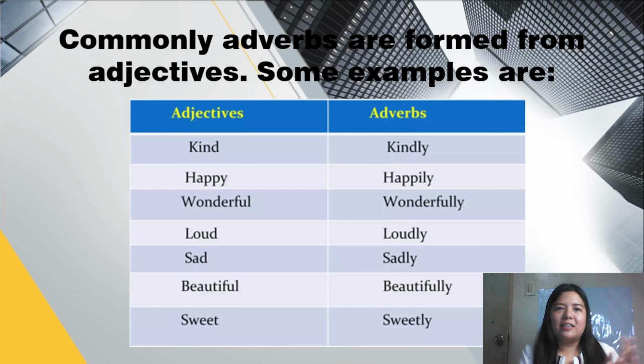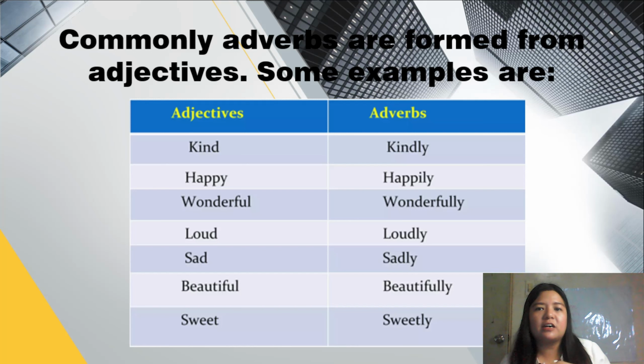So again, let's have a quick recap on the common adverbs formed from adjectives. For example, we have the adjective kind. Usually we add ly to the last letter of the adjective. Kind, kindly. Happy, happily. Wonderful, wonderfully.